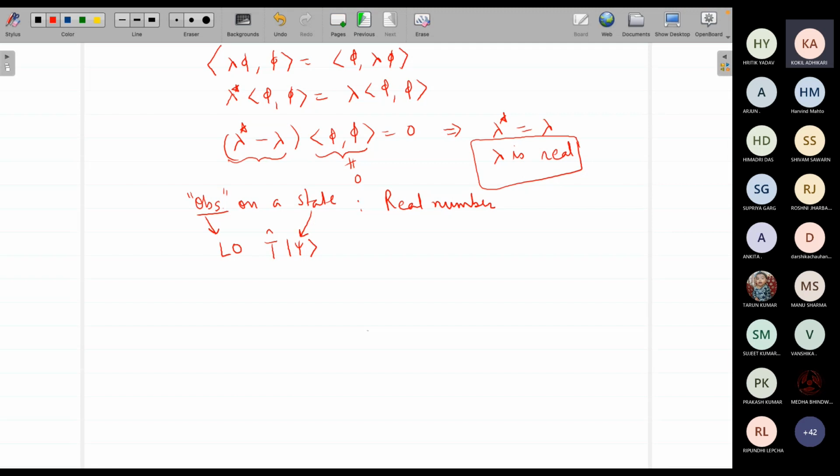So this kind of operator has real values. If I write down this kind of equation, see the importance: this eigenvalue is always going to be real, which means that we are going to get the result of some physical observation on the state of the system.